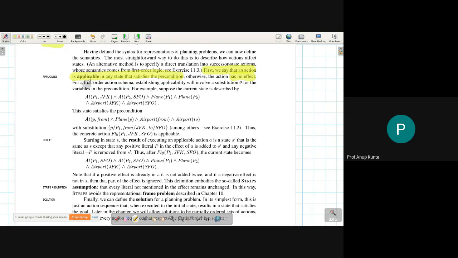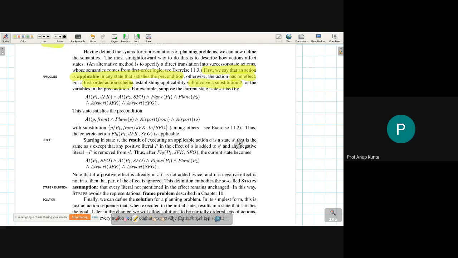For the first order action schema, establishing applicability will involve substitution. Now, so far we had considered just the propositional representation of state, propositional representation of precondition and action, but we may also have the non-propositional or first order logic representation of state.